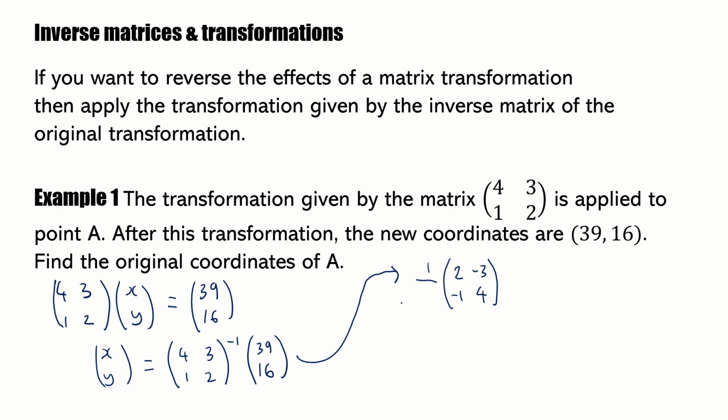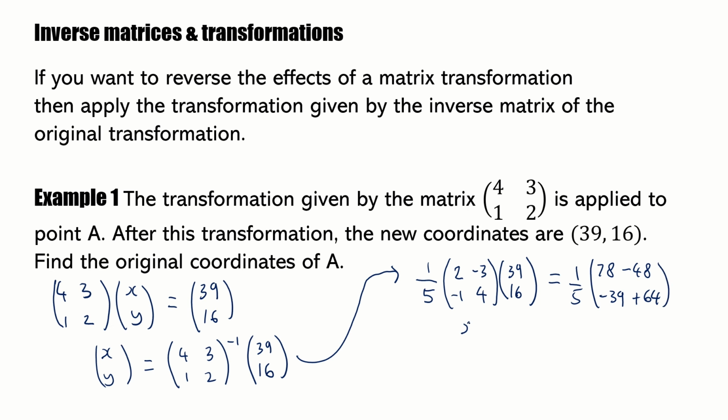So therefore that would be 8 take away 3, which is 5. And then we're multiplying that by 39, 16. So therefore, if we work that out, that means we are going to get 1/5 lots of 2 times 39, which is 78, take away 3 times 16, which is 48, and then we've got -39 plus 64.